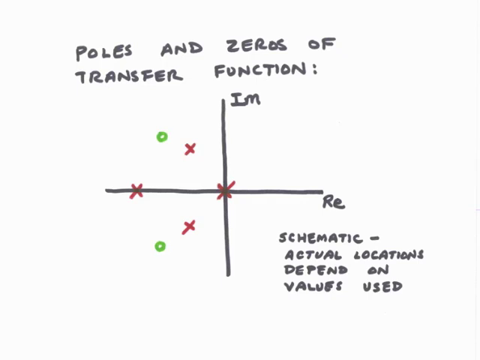Then I'm showing three poles in the left half plane. Two are complex conjugates and one is on the real axis. With three poles, we know that one has to be on the real axis. Perhaps all three will be, but we know that one has to be. And finally, I'm showing one pole at the origin. And I know one pole at the origin because I could factor out that s in the denominator of the transfer function.